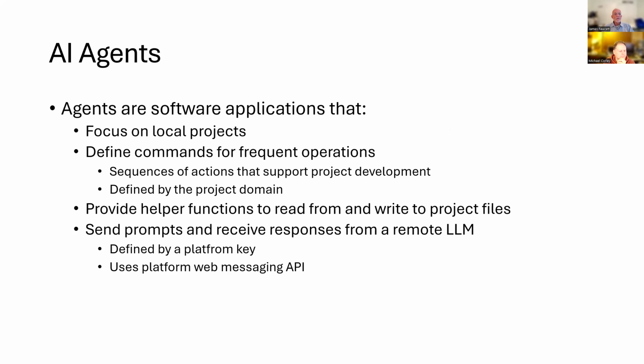So they're software agents, or software applications, might be a Python application, for example, that focuses on local projects. You would build them with the intent that they focus on local projects, and they define commands for frequent operations.